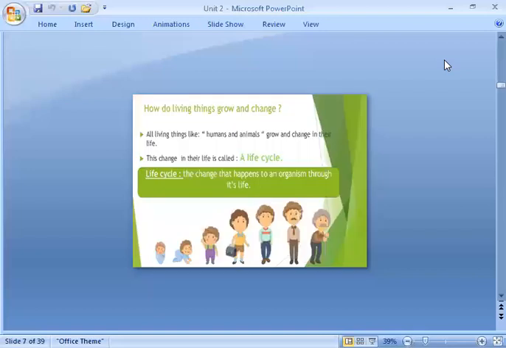Students, all living things like humans and animals grow or change in their life. This change in their life is called a life cycle. What is life cycle? The change that happens to organisms through its life.